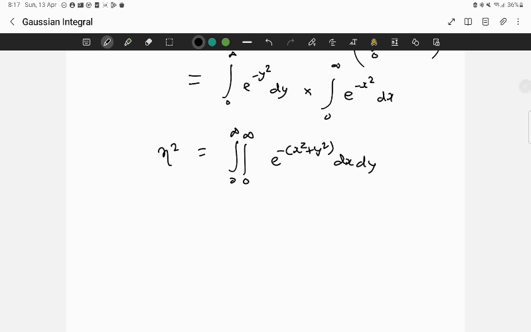One of the things that might immediately jump out to you is that we have x squared plus y squared here. That looks like the equation of a circle, right? So it might be useful to exploit this symmetry. So we want to convert this integral into polar form.